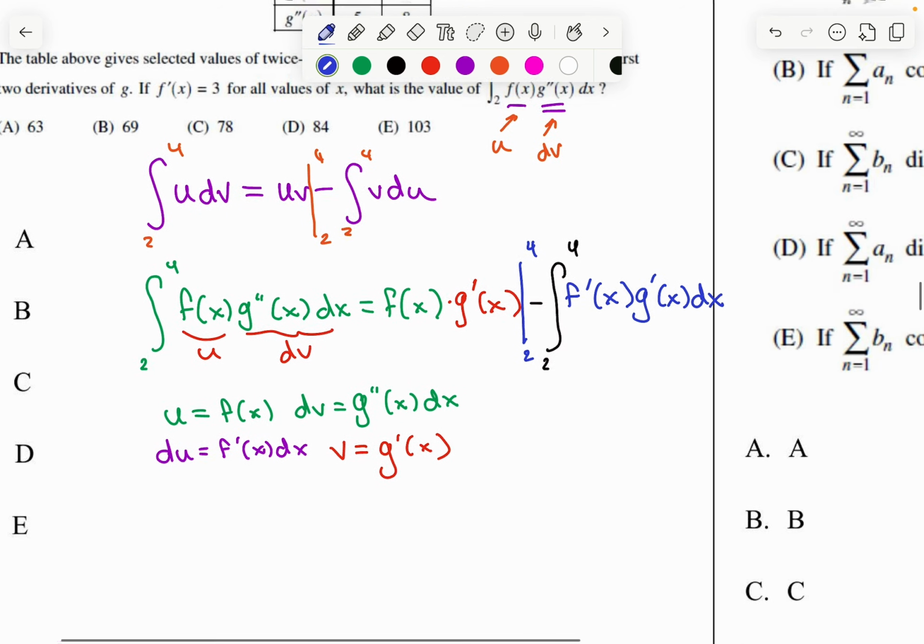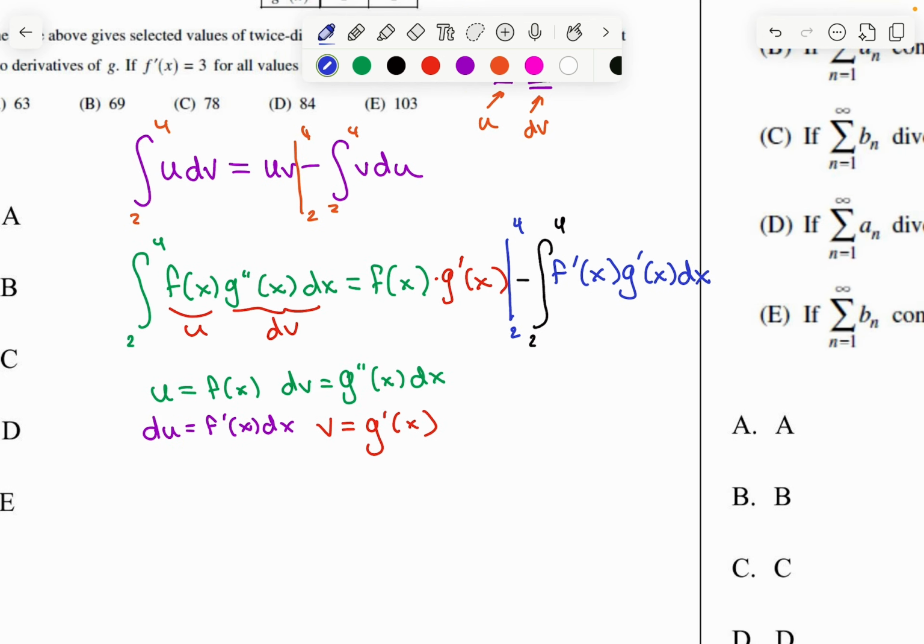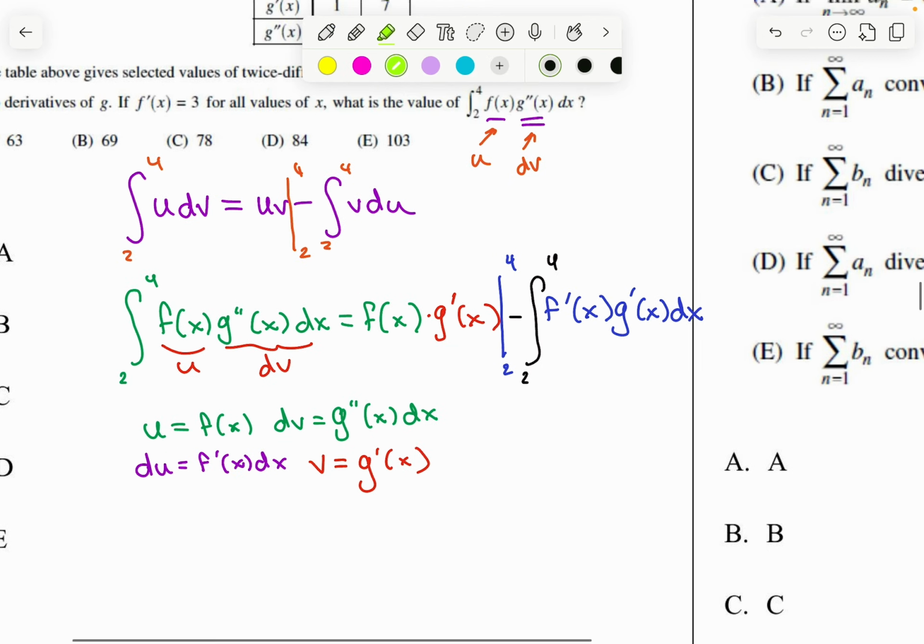Noticing this is multiple choice, we're close to being done. We've got to look at our table, and this actually can get simpler because they did give us some info, which is that f prime is always equal to 3, right?